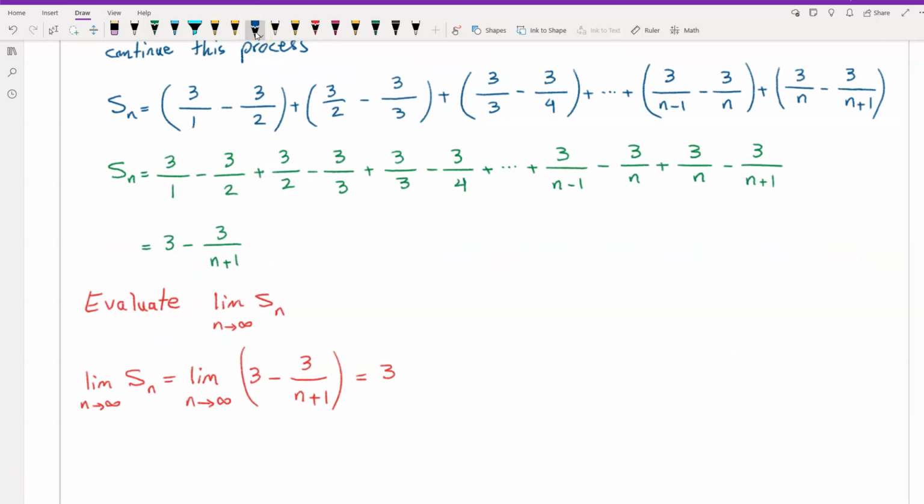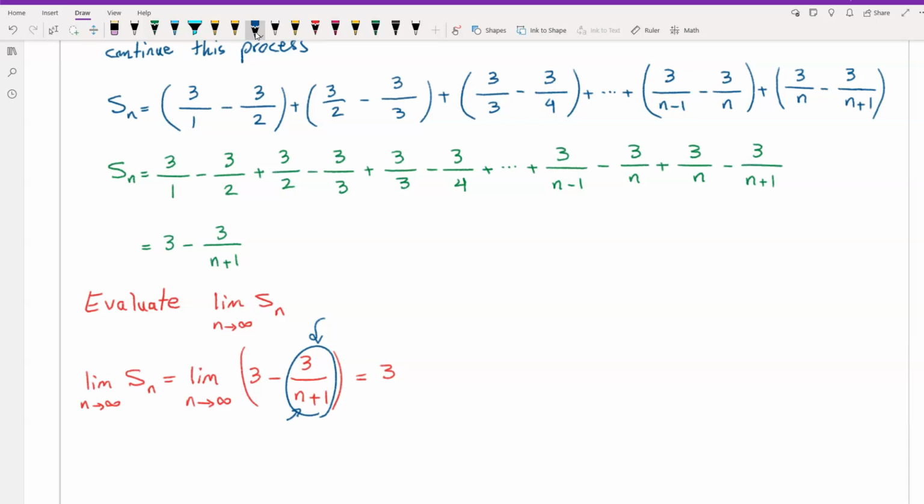Now evaluate the limit of s of n as n approaches infinity. So that is equal to the limit of 3 minus 3 over n plus 1. If we use infinity here instead of n, we're going to have 3 over infinity, and this part will be 0.